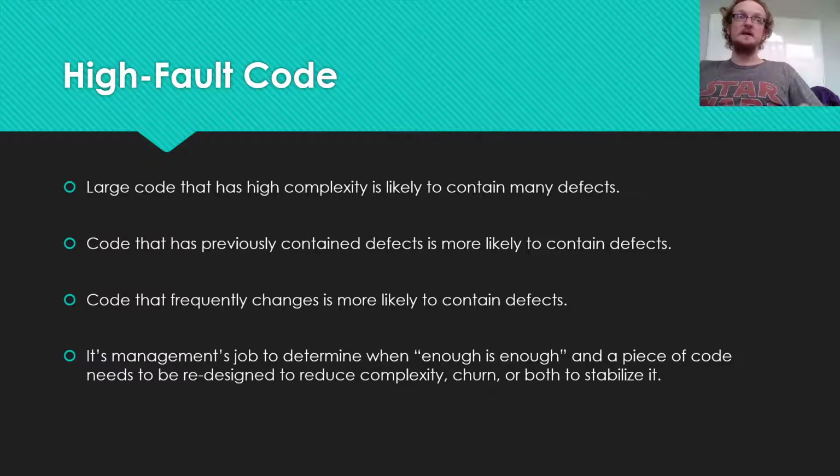And at some point in time, someone in management or an architect or a senior developer has to say, hey, we've spent months and months trying to fix this piece of code. Maybe it's time to bite the bullet and recognize that there's some sort of underlying architectural debt or technical debt that needs to be addressed through either a major refactoring of the code, or a major redesign of the aspect of the system that the code is built to implement.